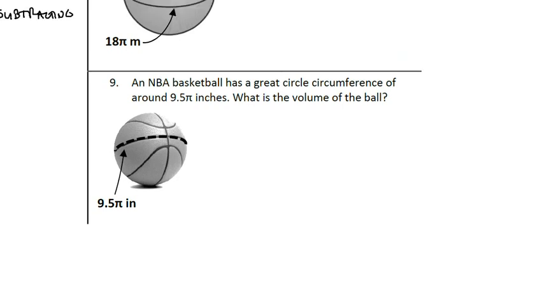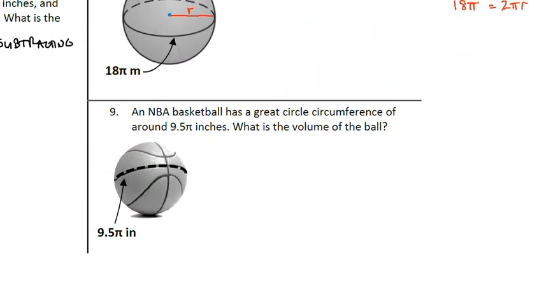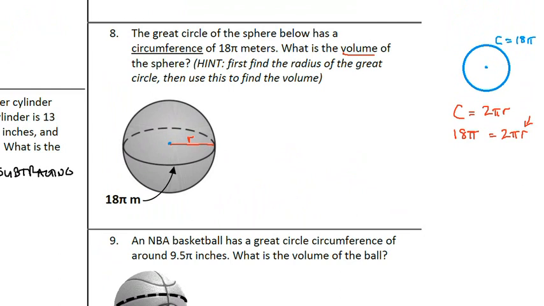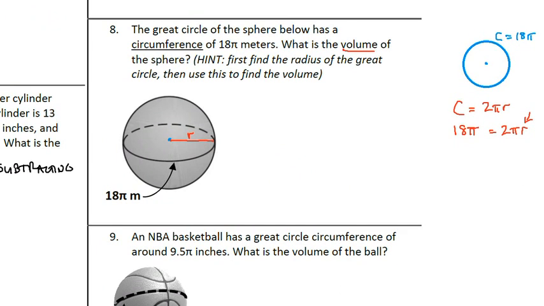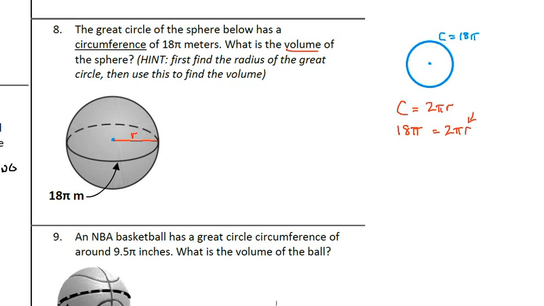All right, you just did that for question number 8. You can complete that for question number 9. Now, I got to let you know, please do not take shortcuts on this. I've got students who will take shortcuts. They'll go, oh, I can figure out the radius directly from here without doing any calculations. Trust me, class, that only appears to work because this great circle has a pi value in it.